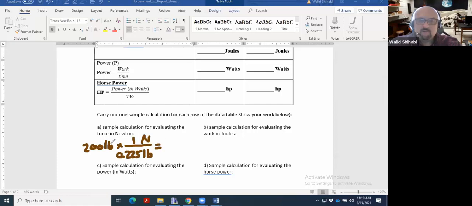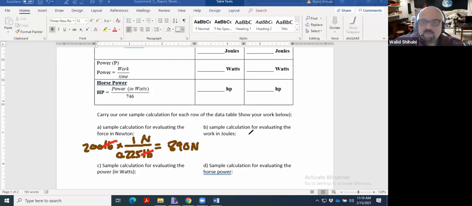You'll show that pound cancels out with pound, and you'll get 890 Newton, for example. And you can show that those units cancel out.